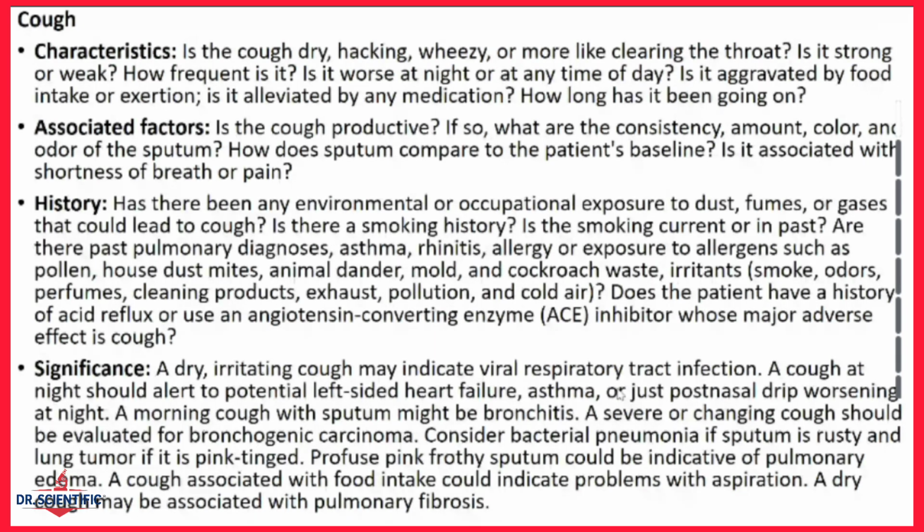So evaluate this cough, its associated factors, the consistency, the amount, the color, any occupational exposure to harmful substances, history of coughing, and history of smoking, be it current or past, active or passive smoking. All those are part of what you need to collect as part of your history taking.